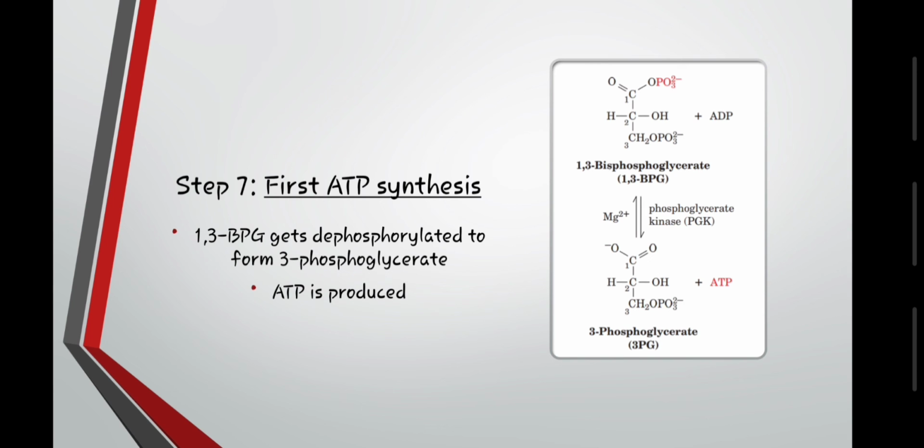So we started with 1,3-BPG and ADP, and we have ATP at the end of the process, along with 3-phosphoglycerate.